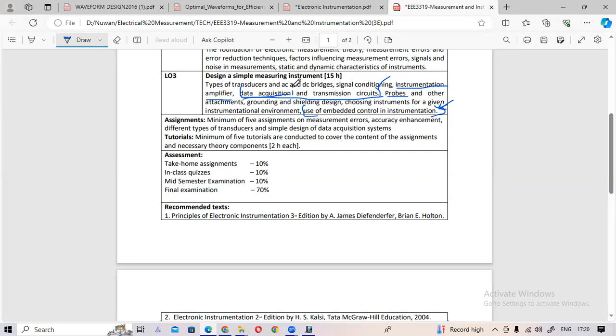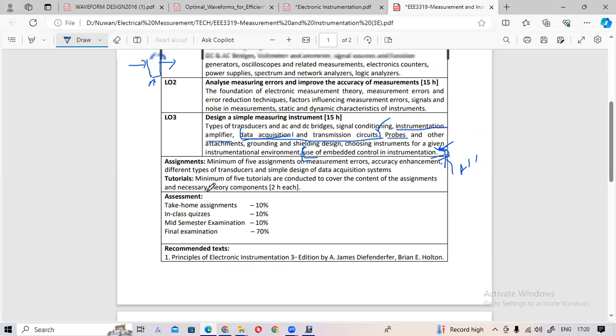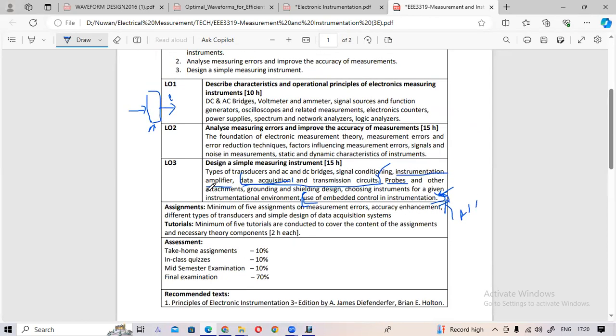Now we have talked about the data acquisition system and the transmission circuits. Now we will mainly focus on this one. These things I will give you as an assessment. This also will be an assessment. And you will also have some lab sessions, maybe beginning in January. Related to this, I will also give you one assignment.